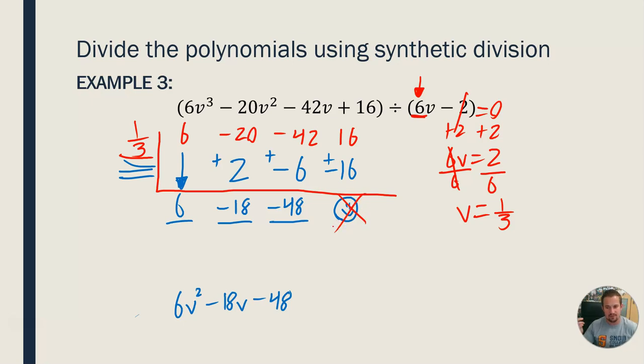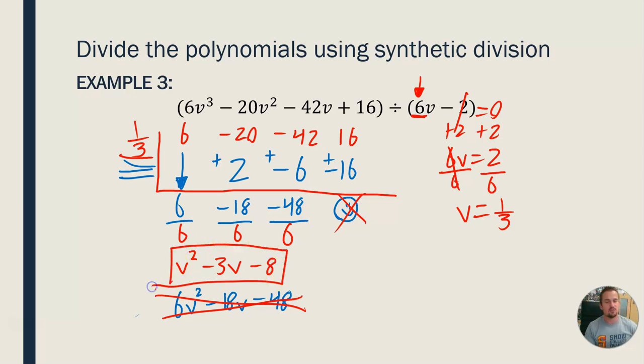It doesn't matter here because I don't have a remainder. Not the remainder, but each of the resulting coefficients by that original coefficient. So I have to divide each of these terms by 6. So this isn't my answer, but rather 1v squared minus 3v minus 8. That would be my final answer, my resulting polynomial. Okay?